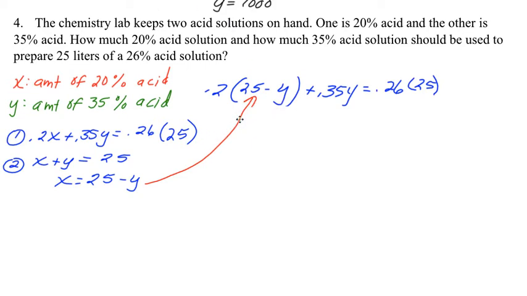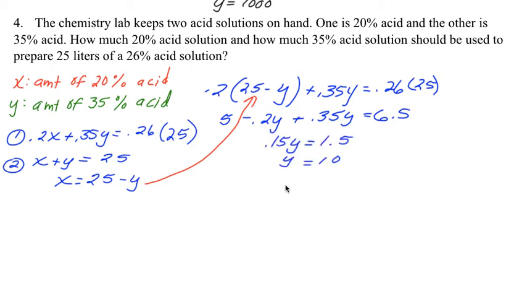And then now it's just a matter of simplifying. 0.2 times 25 gives us 5 minus 0.2y, and then working that through, we end up getting y equals 10. If y equals 10, then we solve for x, and x works out to be 15. So we have 15 liters of 20% acid and 10 liters of 35% acid.